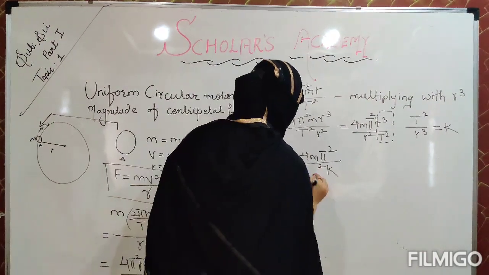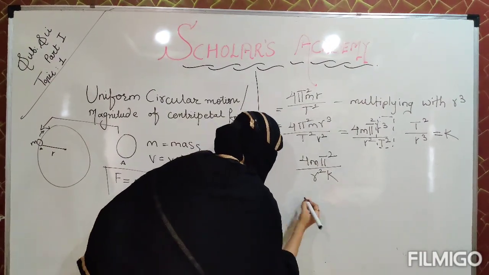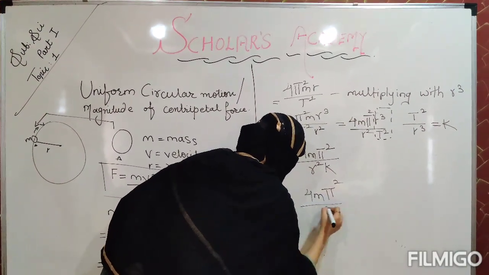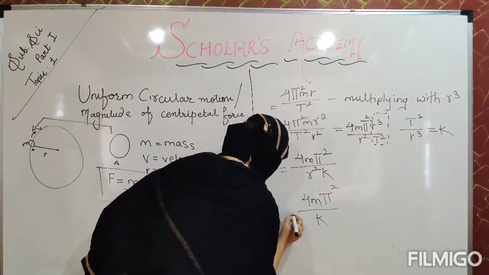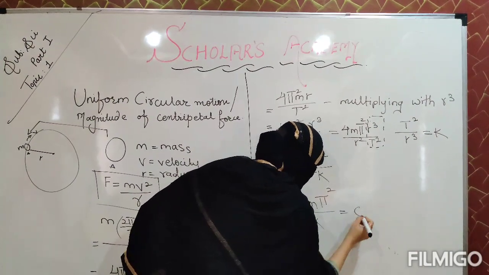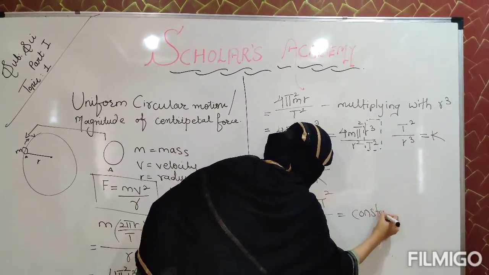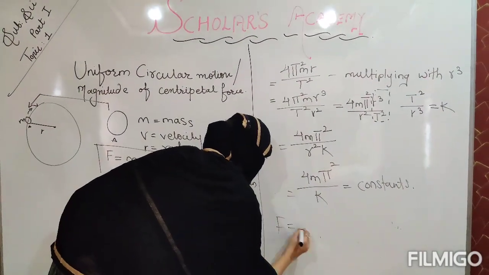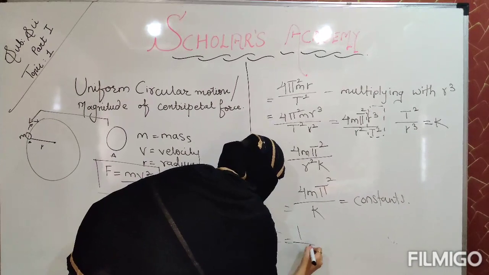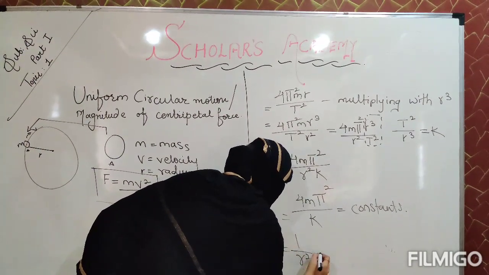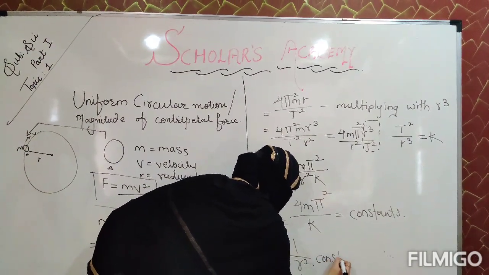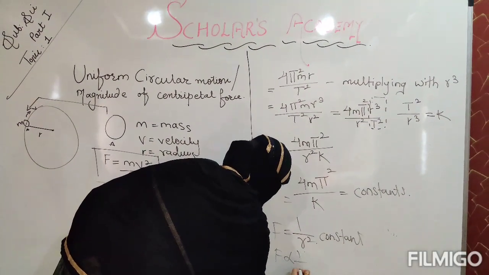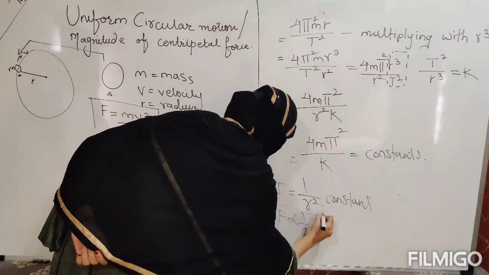This is our equation. Now we already know that 4 m pi square upon k, all these values are constants. Therefore we have concluded that force is equal to 1 upon r square into constant values. Therefore F is proportional to 1 upon r square.